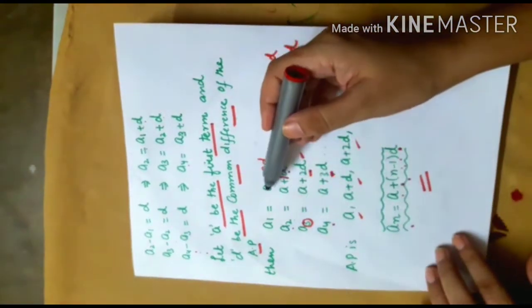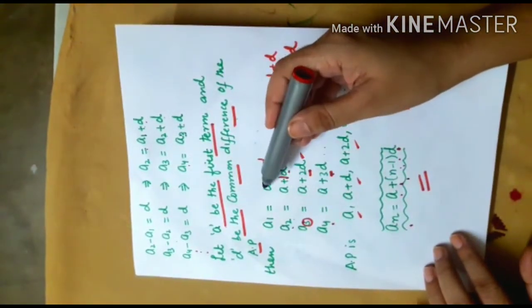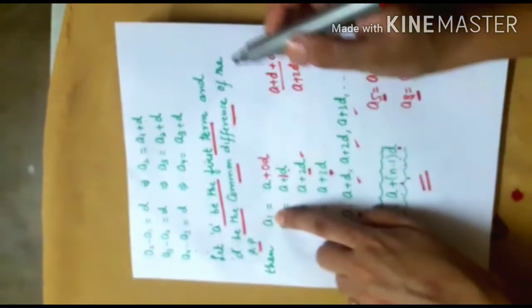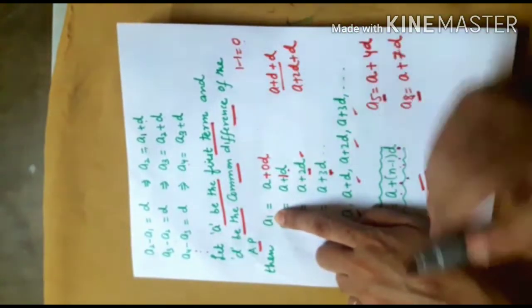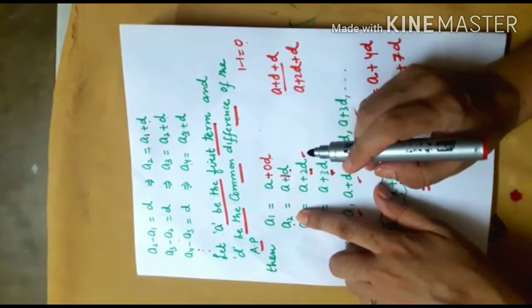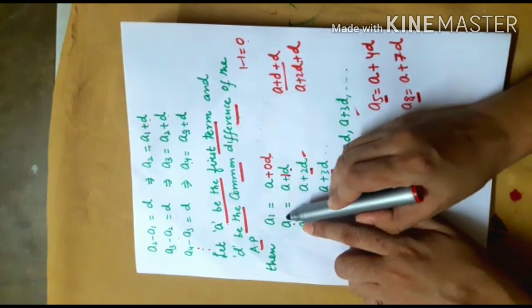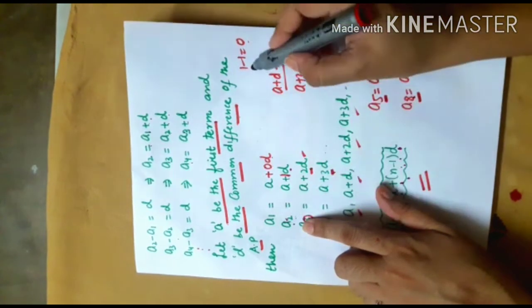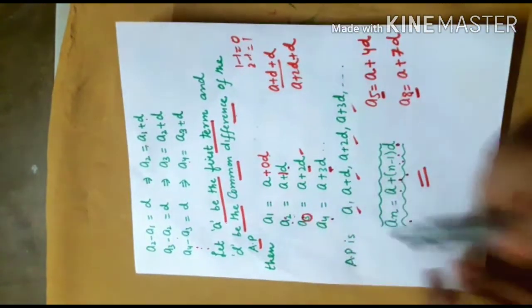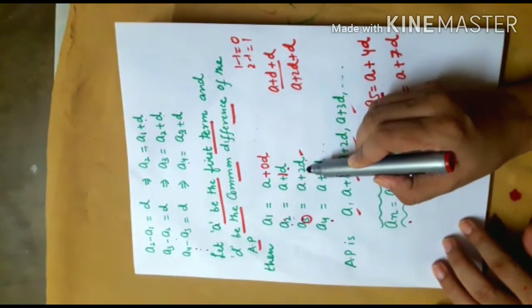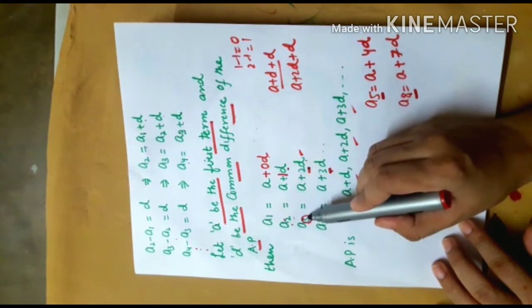Now you can see that A is present everywhere, and in the first term the coefficient of D is 0. That is 1 less than this 1. 1 minus 1, 0. In the second term, the coefficient of D is 1, 1 less than this 2. That is 2 minus 1, which is 1. Similarly, in the third term, the coefficient of D is 2, 1 less than this 3.